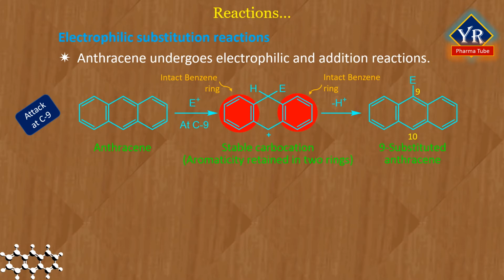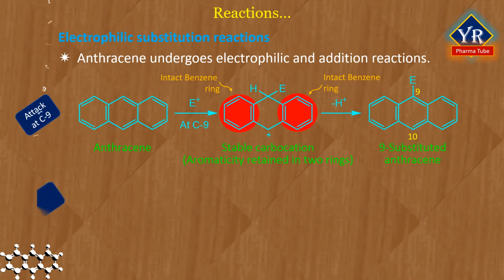The intermediate in which the terminal benzene rings are retained is more stable and its formation favored because the resonance energy of 2 benzene rings, that is 2 into 36 is equal to 72 kilocalories, which exceeds that of naphthalene that has 61 kilocalories.